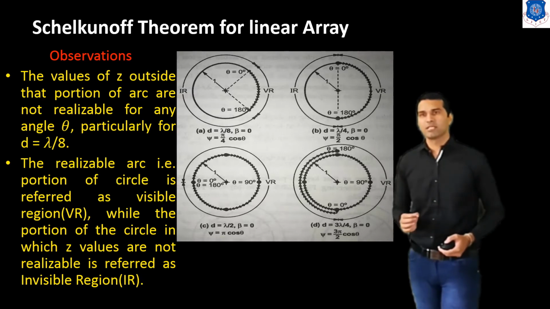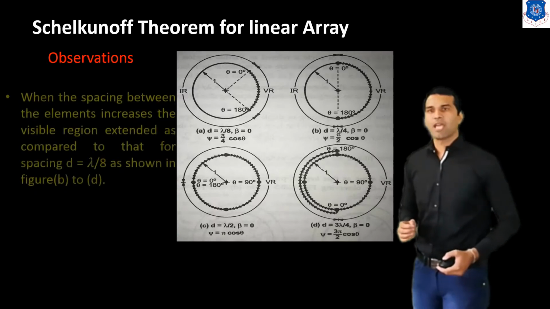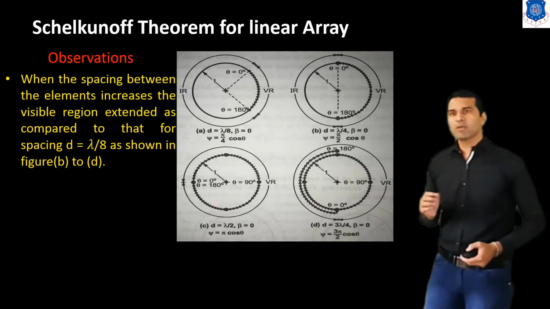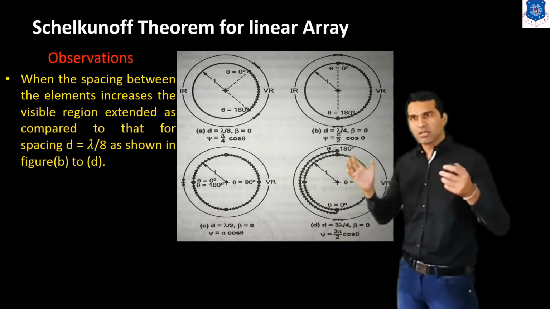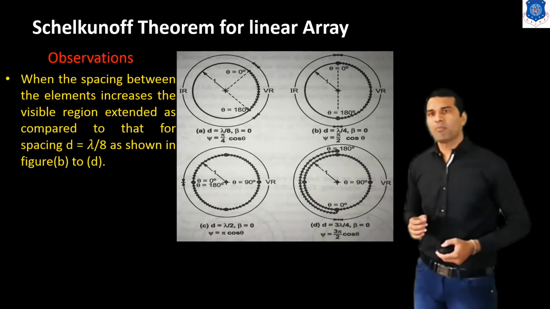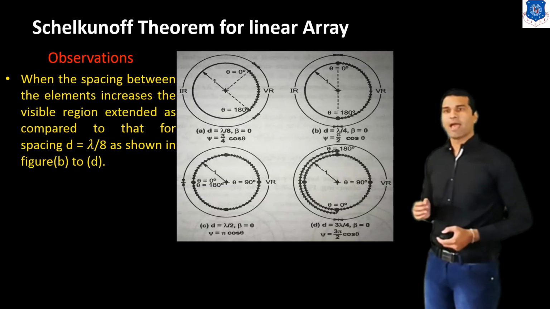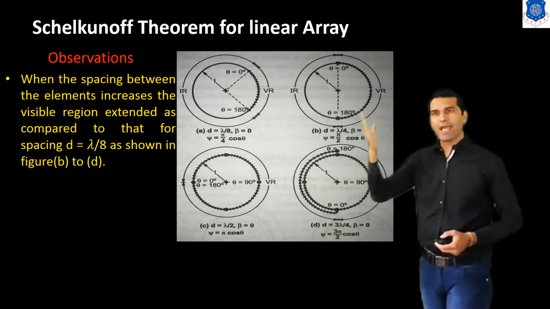So here we can see these two regions, IR and VR. When the spacing between the elements increases, the visible region extends as compared to that for the spacing d equals lambda by 8, as shown in figures B and D.